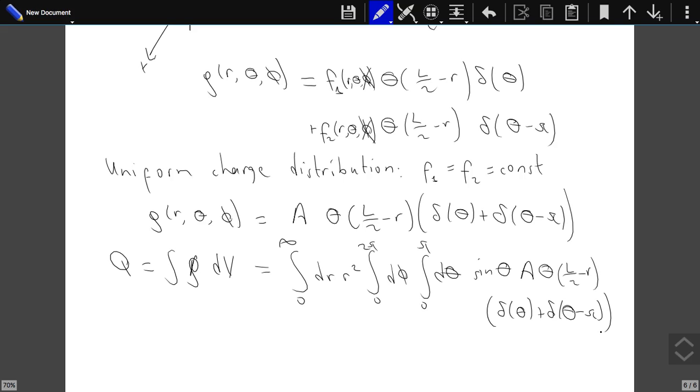But I will assume that it's just close, so both Dirac deltas are in our region. Effectively, I'm not taking this rod exactly at the z-axis. I'm tilting it slightly and taking the limit that this angle goes to 0. In that case, that ambiguity is removed.